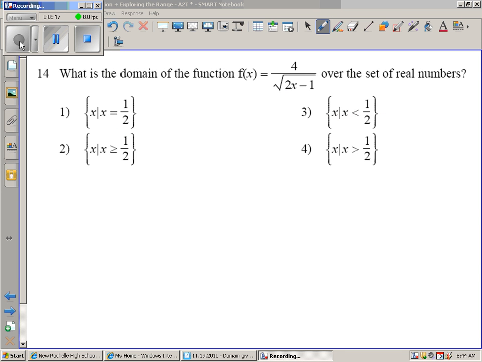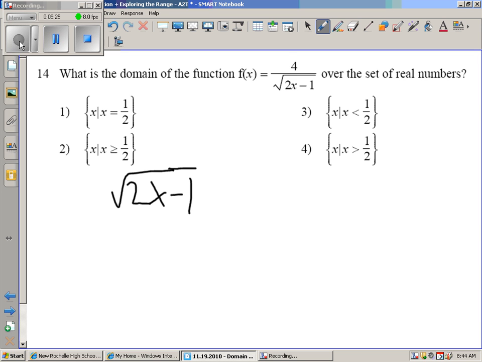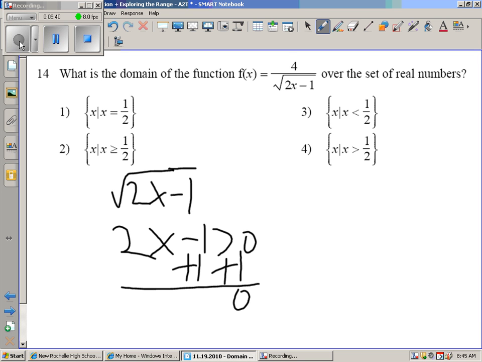This is Daniel Skupta, doing number 14. So you have 2x minus 1, and you have to find the domain. So you do 2x minus 1 is greater than 0. And then you add 1 to both sides. So you have 2x is greater than 1.